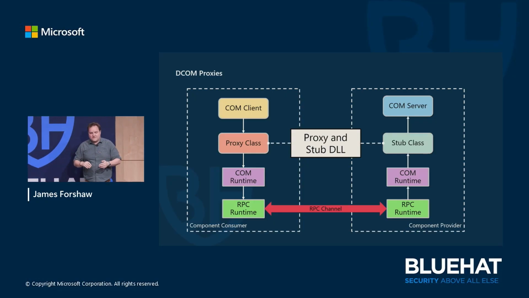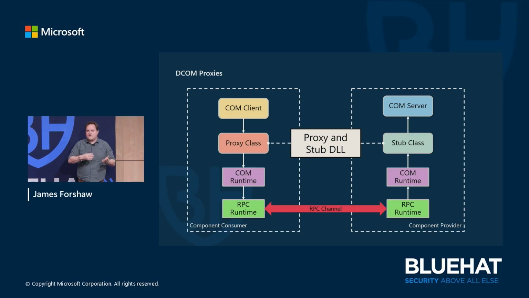Or generally, we'll go into an exception for that in a second. And this is the marshalling code to allow you to take in the parameters from the client and pretend to be the interface in process, marshal up those parameters, and then pass them through the COM runtime, pass them through the RPC runtime, so that they can be sent over that RPC channel.